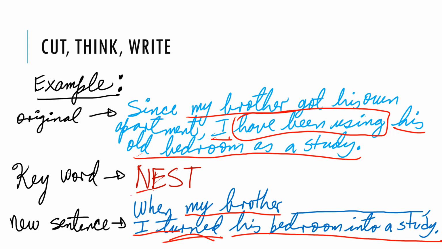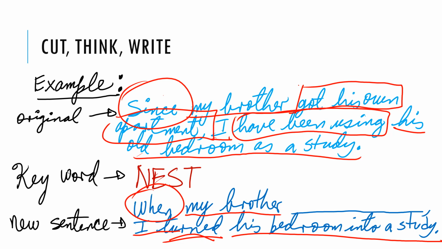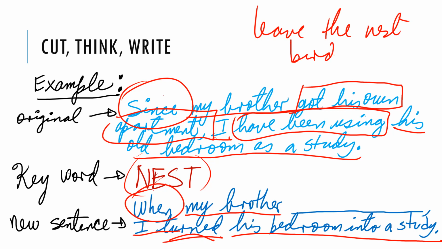Okay, so what I don't have is "when," so "since," and "got his own apartment." But notice that here I have "nest," so this is really not related to any of that. Guess what? This is an idiom. Okay, this is an idiom. And what's the idiom here? "Leave the nest." Okay, birds when they grow, they leave the nest.